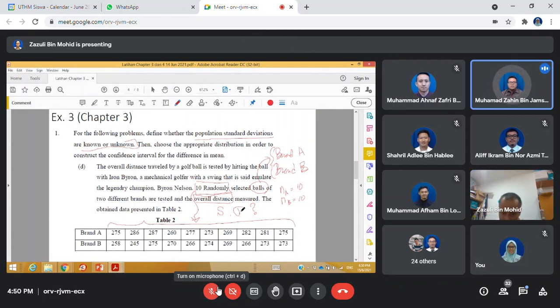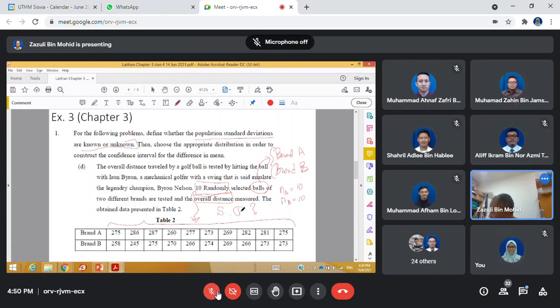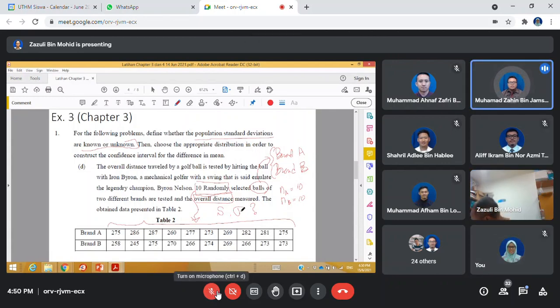S boleh tahu, tapi kalau yang sigma tu tak boleh. Data dah ada tu, boleh kira tak? S boleh kira. X bar, S boleh kira doktor. Tapi yang sigma tu tak boleh sebab dia sampel punya ni. Okey, sigma tak boleh kira. Yang ini kalau kita kira pun kita cuma dapat S.